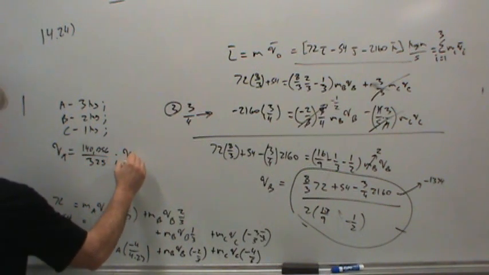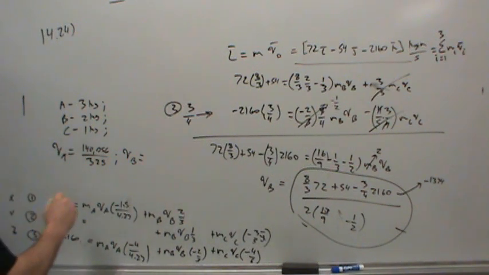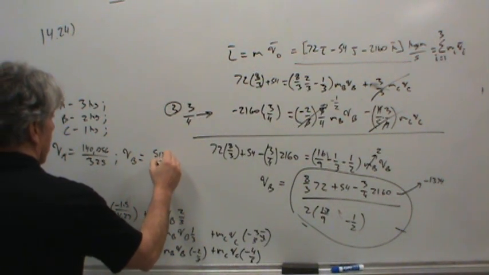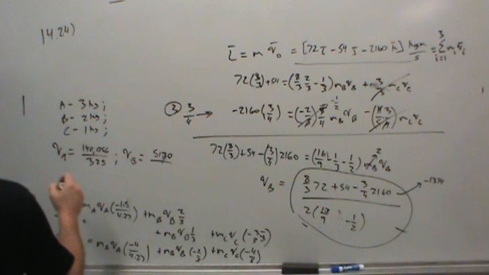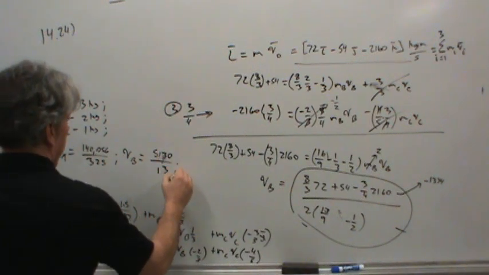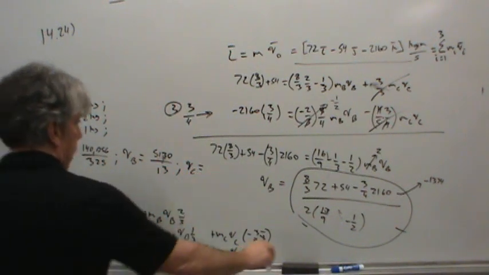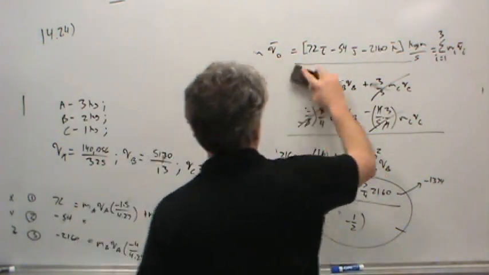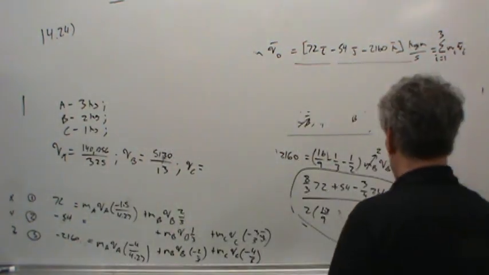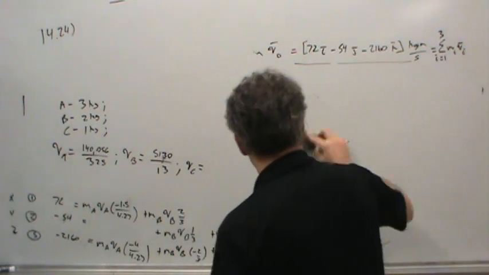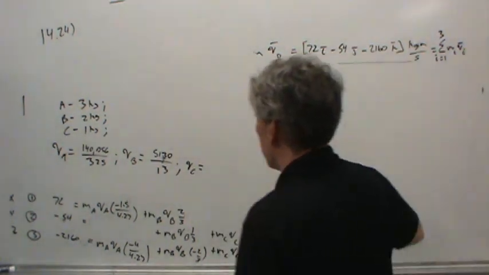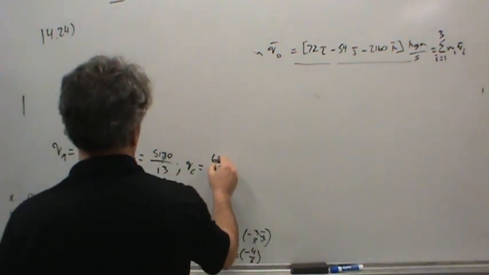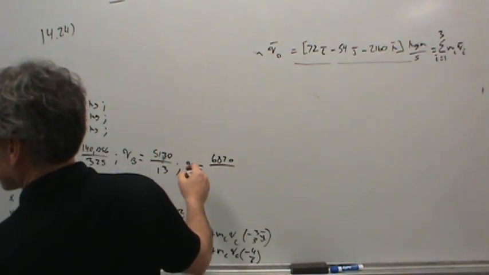For the velocity of B, I got 5130 over 13. And for the velocity of C, so all of this would be junk, by the way, because the solution strategy was not going to work since I had determined the wrong place. So for C, I got 6870 over 13.